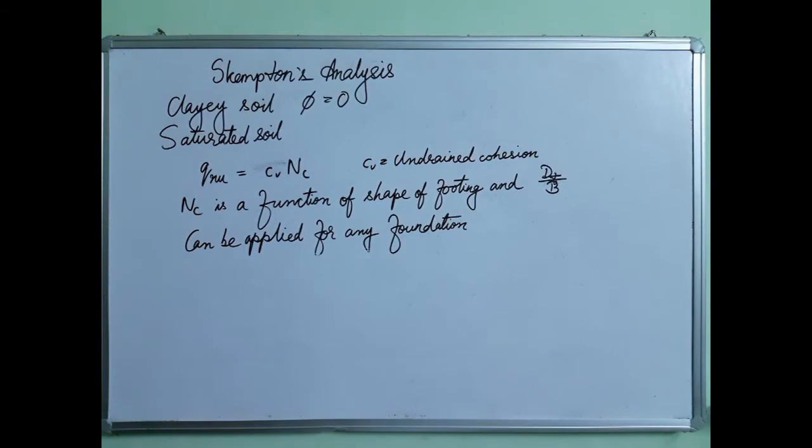Now in Skempton's theory, there are various formulas for Nc, for various types of footing like strip footing, square and circular footing, and rectangular footing. So let us go through them one by one.